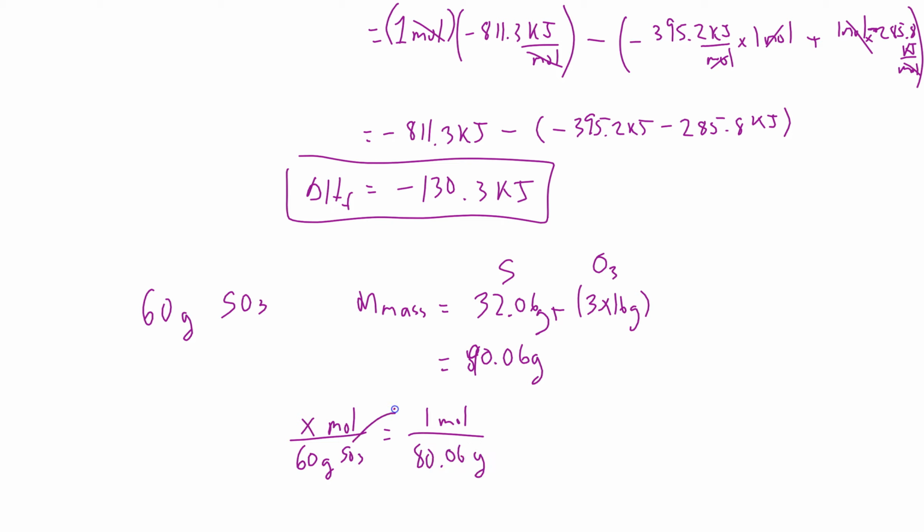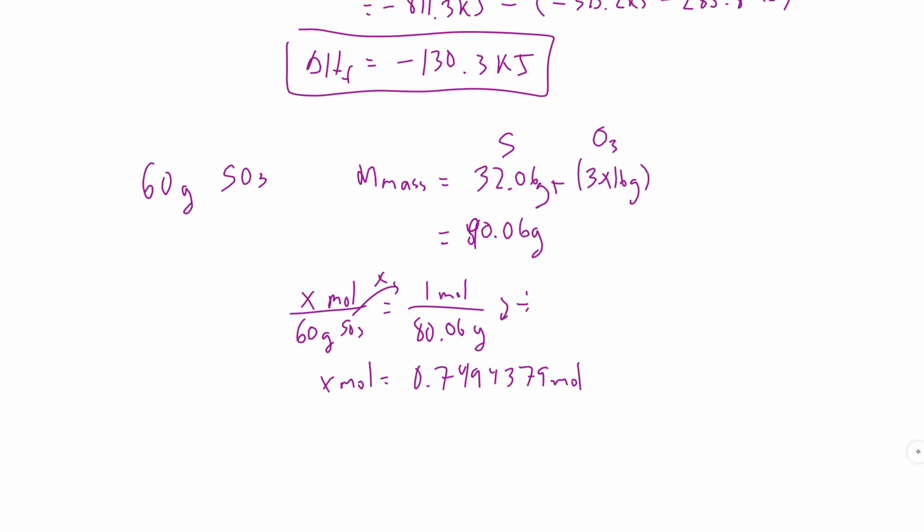Then we just multiply and divide: 60 times 1 divided by 80.06 gives you 0.749439 moles.